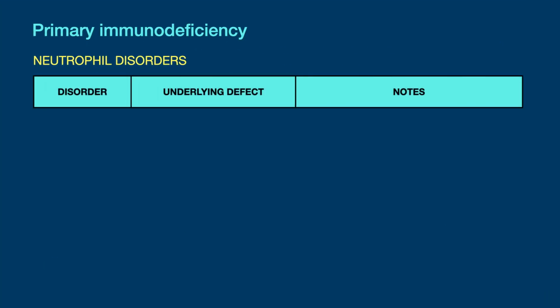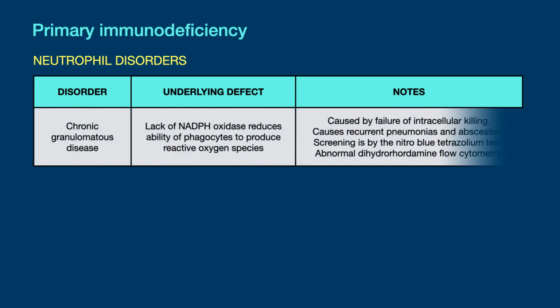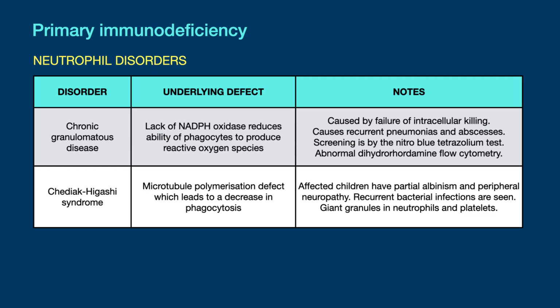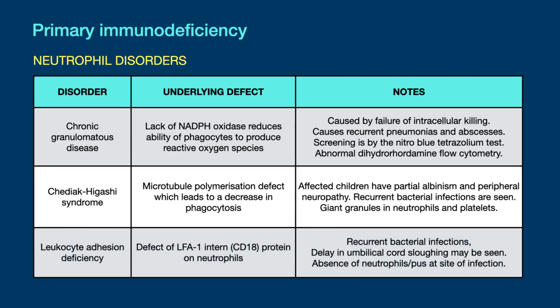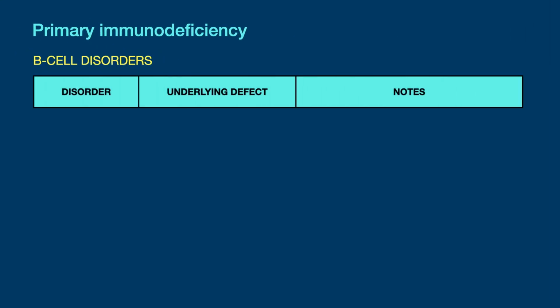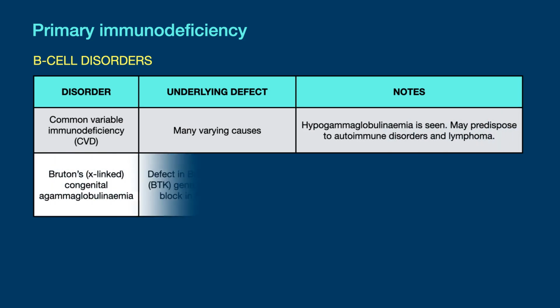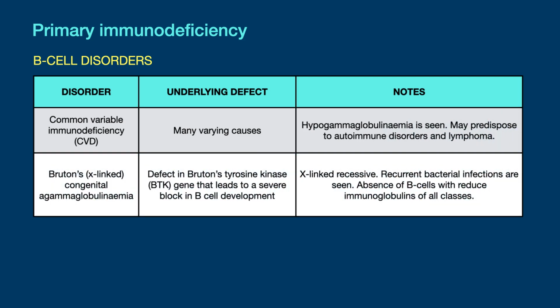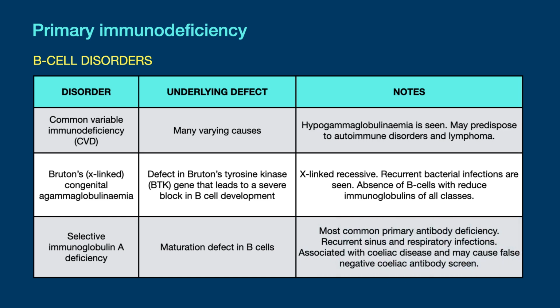Let's look at neutrophil disorders. So these are disorders that may be classified according to which component of the immune system they affect. Examples are chronic granulomatous disease, Chediak-Higashi syndrome, and leukocyte adhesion deficiency. B-cell disorders, as explained earlier, for example common variable immunodeficiency, Bruton's congenital agammaglobulinemia, and selective immunoglobulin A deficiency.